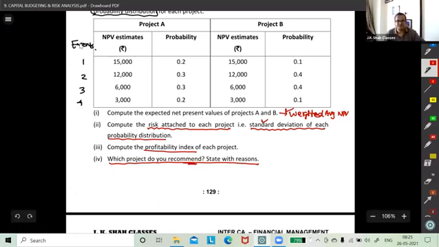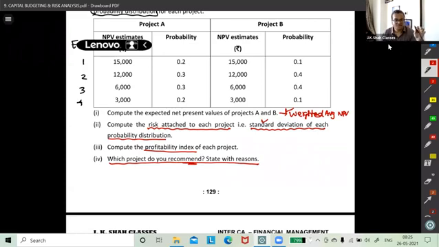But to recommend a project, we are going to calculate the coefficient of variation. You have heard of coefficient of variation? Standard deviation upon mean? Maybe, sir. If you're saying so, maybe, yeah.